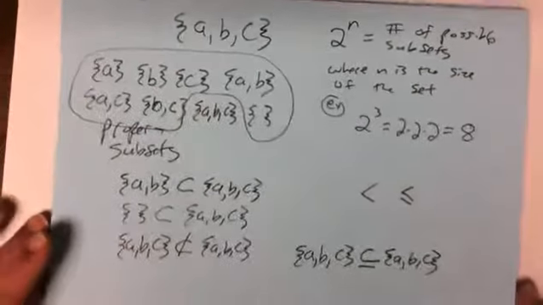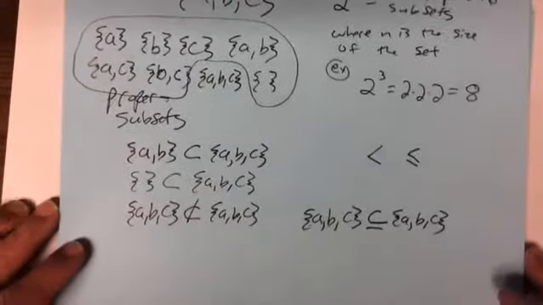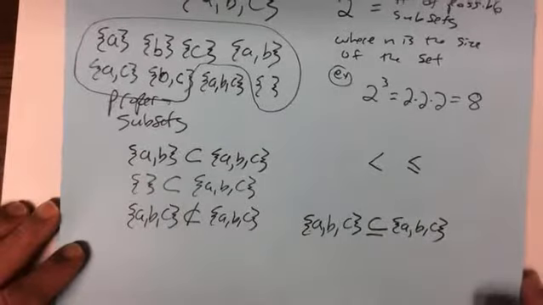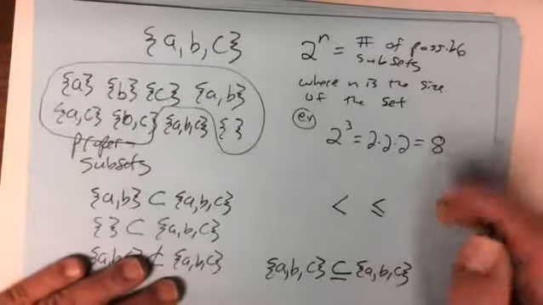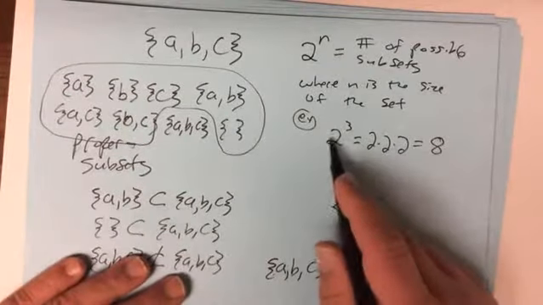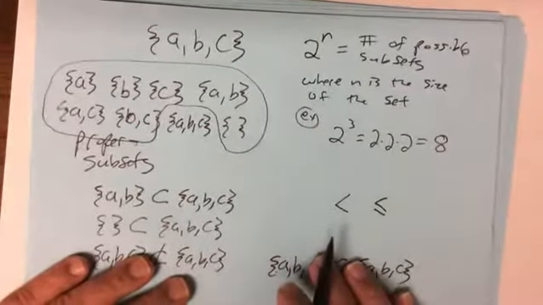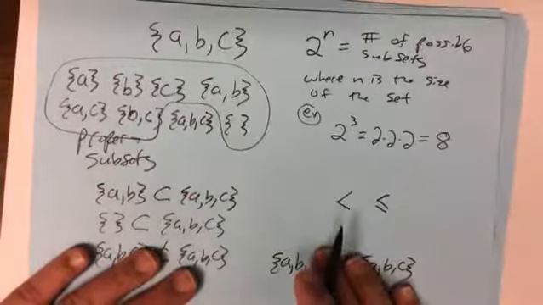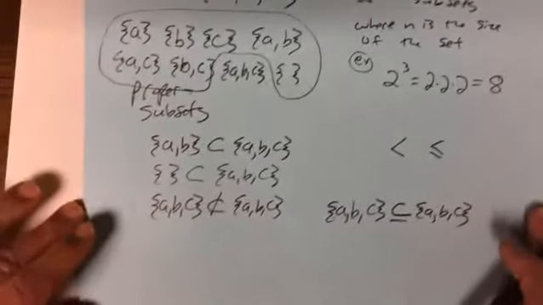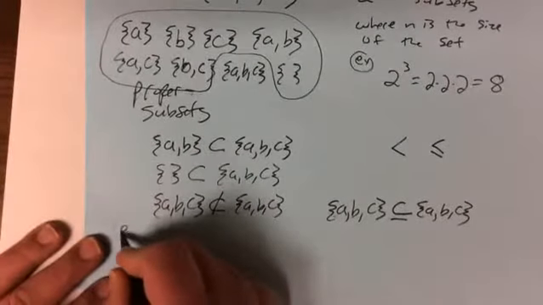Now let me show you one other example using this formula up here. So notice when you do this, it's always going to be 2 raised to the number of elements in the set. Make sure that you don't square the elements. Sometimes people will square it.